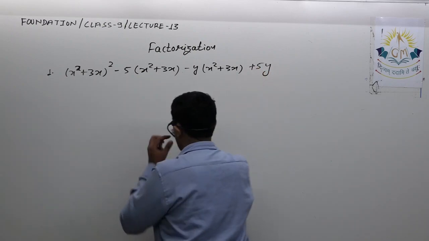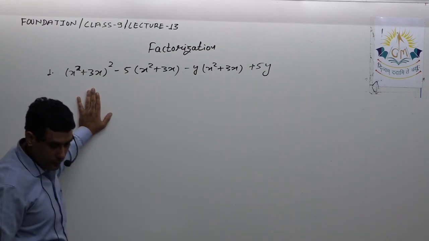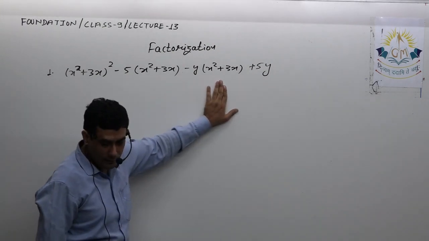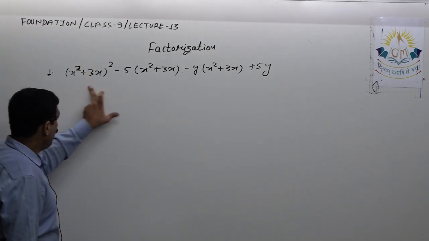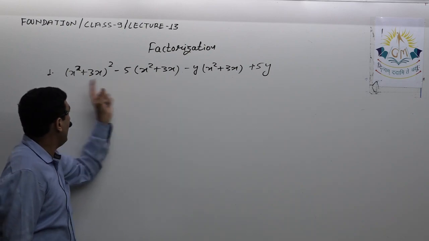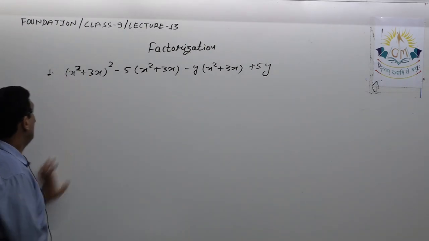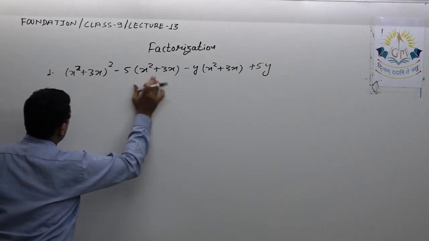You have to factorize this. So it is (x square plus 3x) whole square minus 5(x square plus 3x) minus y(x square plus 3x) plus 5y. From these you can see that x square plus 3x is the common term that we can take out, isn't it?